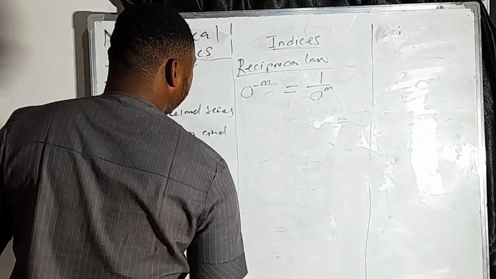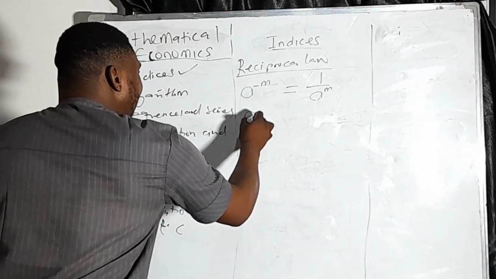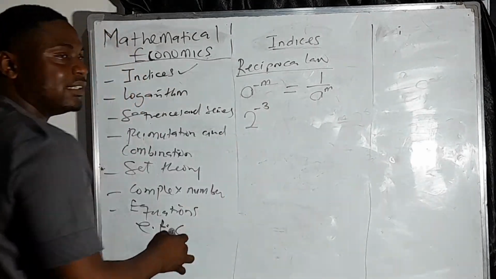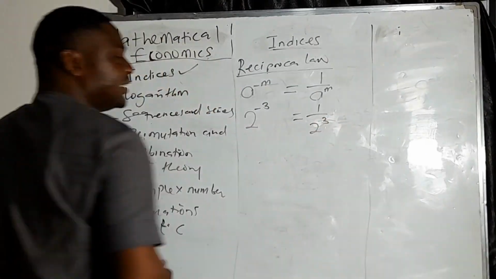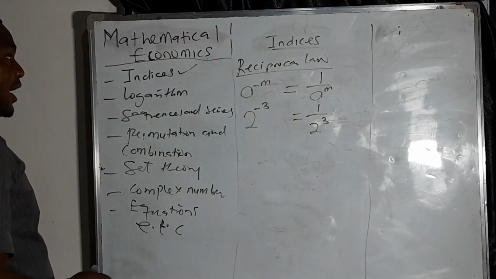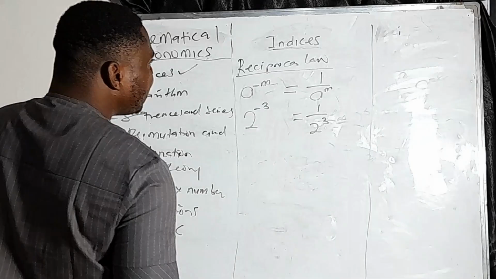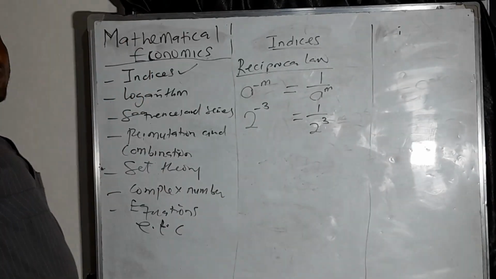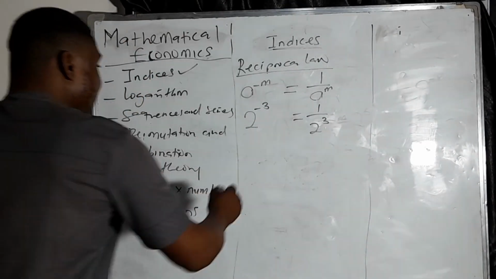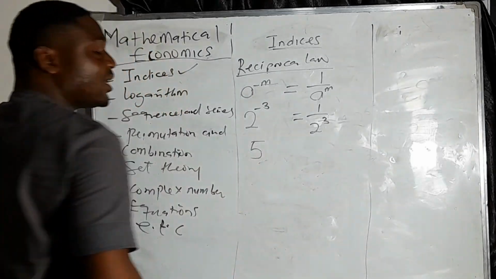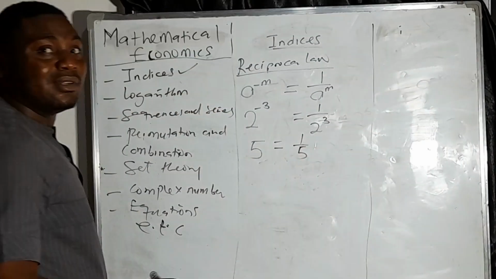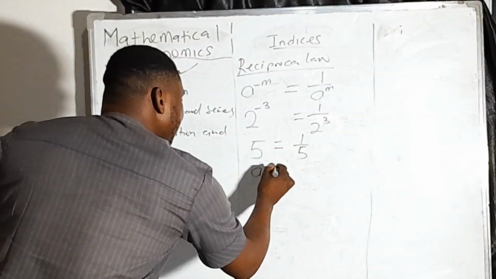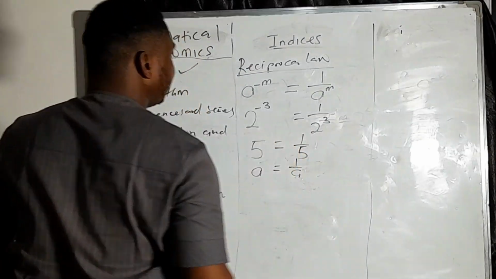That is, if you have 2 raised to power minus 3, it's the same thing as 1 over 2 raised to power 3 in indices. It's the reciprocal law. And if you have a number and you have to find its reciprocal, for example 5, the reciprocal of 5 is 1 over 5. The reciprocal of A is 1 over A.